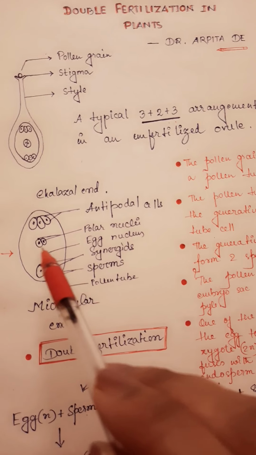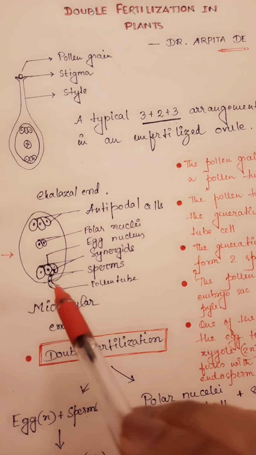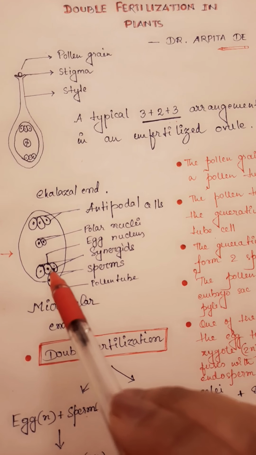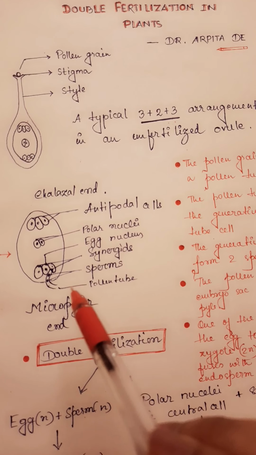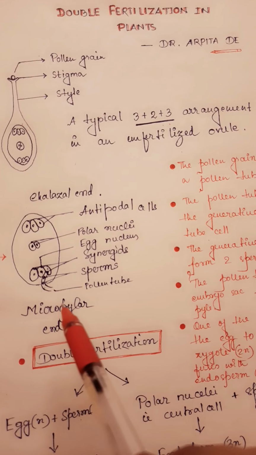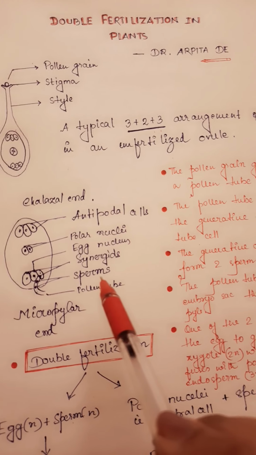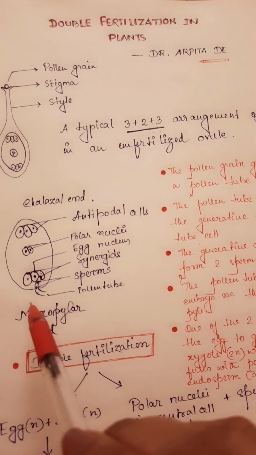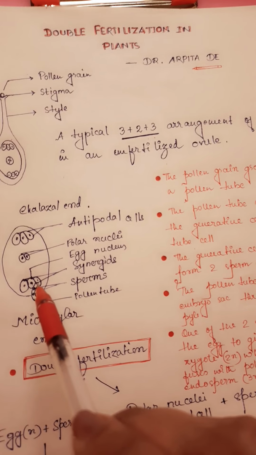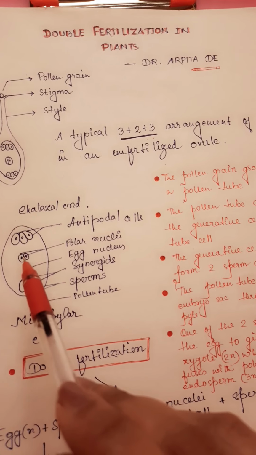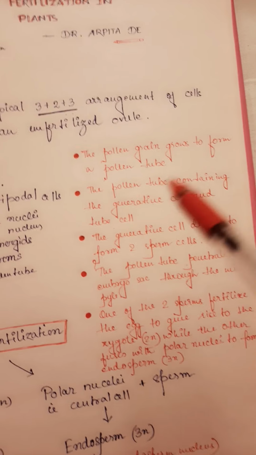The polar nuclei are there at the center. The egg cell is housed in between the two synergids. The two sperm cells that are there in the tube get discharged and fuse with the egg and the polar nuclei. Let's quickly see the process in brief.